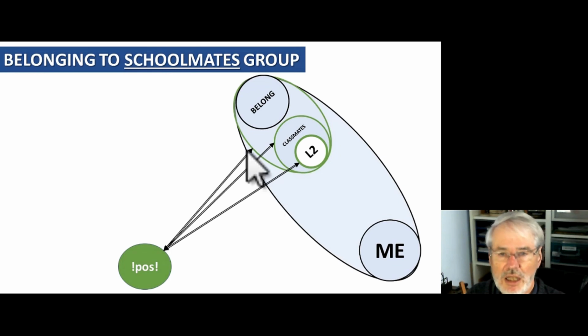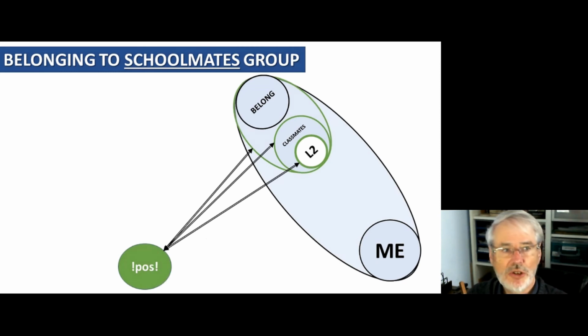It's again a belonging meaning, complex meaning, and in this case it's I belong to a group which we shall call classmates, and who speak a particular language. We'll call this the second language, the L2, and all of these concepts individually are positively valued. They have connections with the affective system, and they are positive ones.